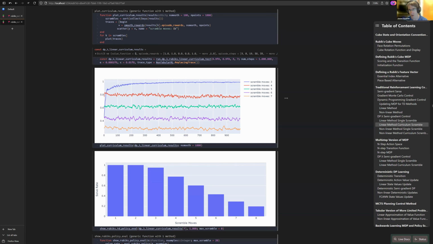Now, from here, there are a few approaches that you could take. One is to use the same learning technique, the same DP lambda algorithm, and just try to use a much more powerful approximator. That is one approach.